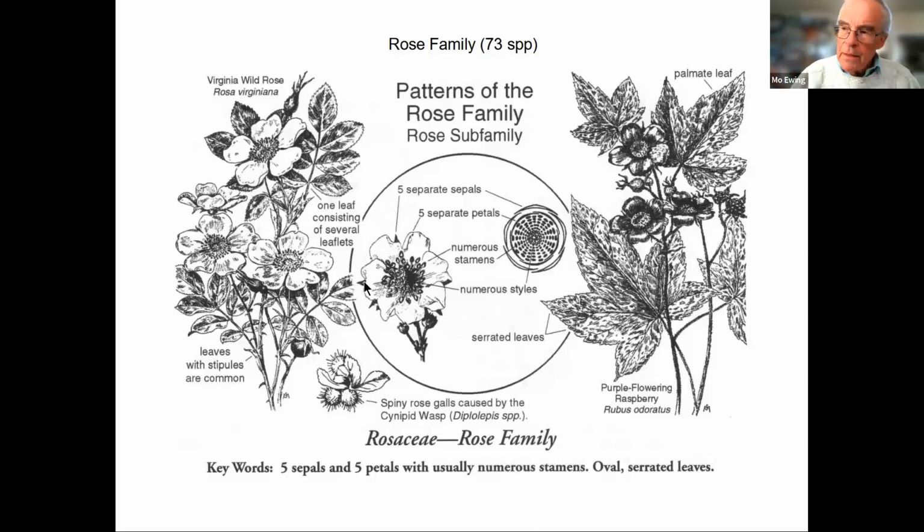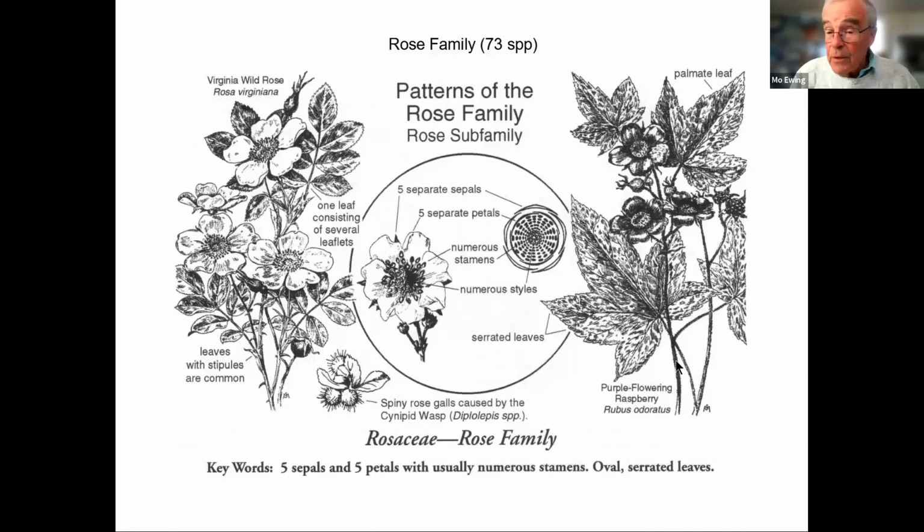But you'll get kind of a gestalt of the plant in spite of the fact that they vary a bit. And then usually numerous stamens, which you can see lots and lots of here, and numerous pistils. There is one genus that has only 1 pistil in the rose family, and that is Prunus. And then they have oval serrated leaves.